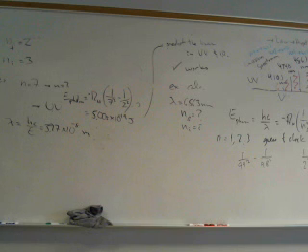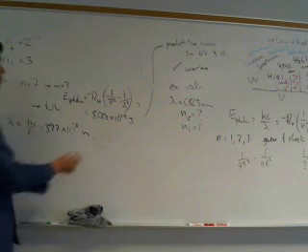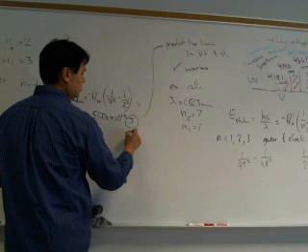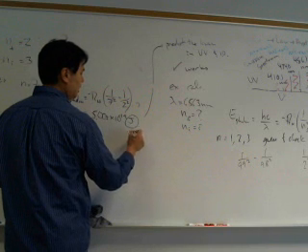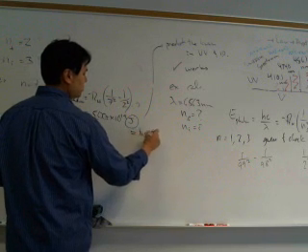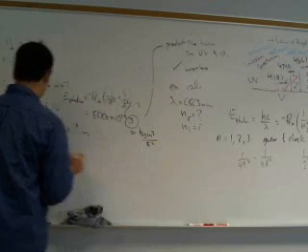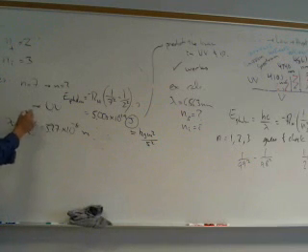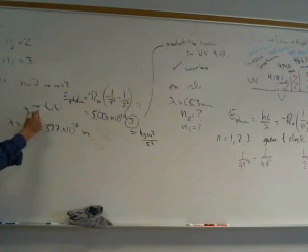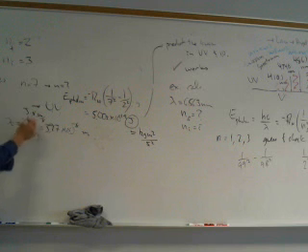You know what a joule is? A joule is equal to a kilogram meter squared per second squared. H is in joules times seconds, C is in meters per second, so seconds cancel. E is in joules, so joules cancel, and that leaves us with meters.